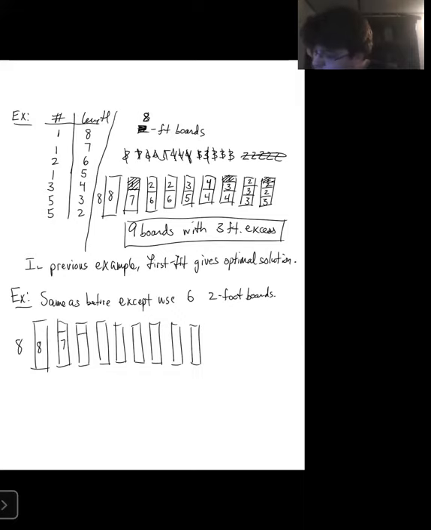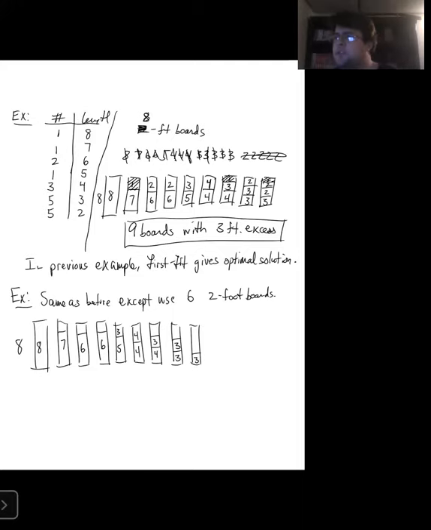We had a 7. We had a 6. We had another 6. We had a 5 and a 3. We had a 4 and a 4. We had a 4 and a 3. We had a 3 and a 3, and then the last 3. So everything is the same, except now we're using 6 2-foot boards instead of 5 2-foot boards.